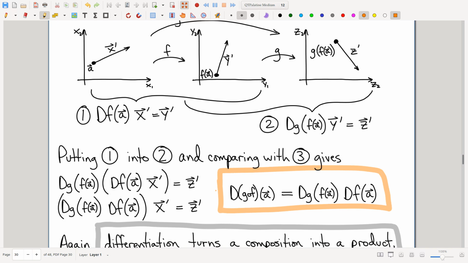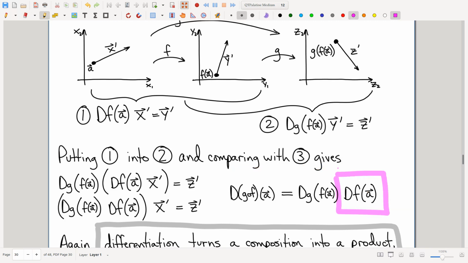And here's why. Let's think about, again, real quick, what does df do? Well, df turns input velocities into f into output velocities for f.